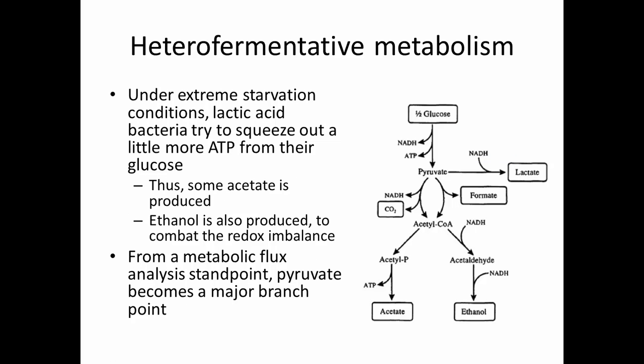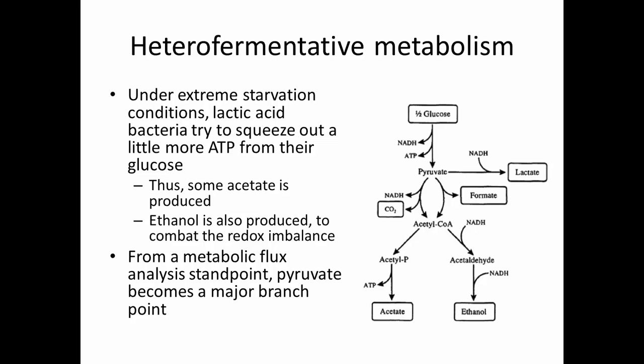However, under extreme starvation conditions, lactic acid bacteria will try to squeeze out a little more ATP from their glucose. It's in their best interest to do that because they're not dealing with the nice, lovely, rich media that they used to have. So they're going to produce other acids like acetate, formate, etc., and a little ethanol as well.